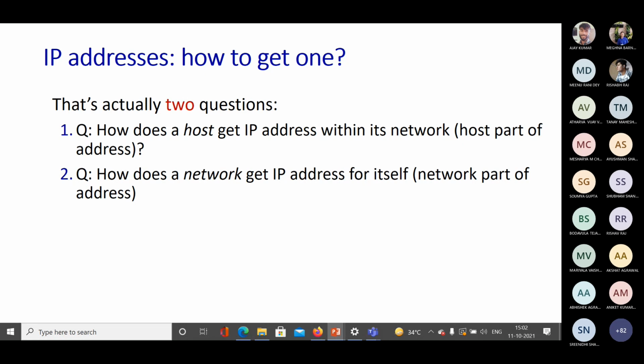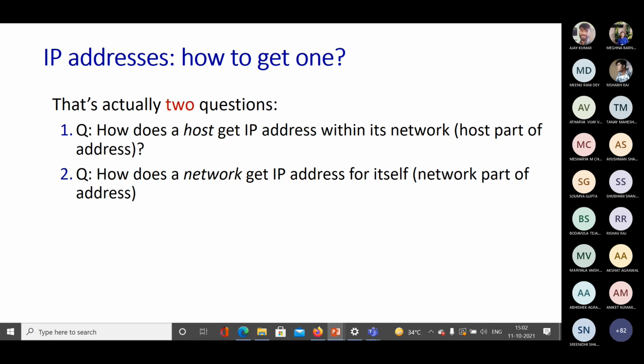So essentially, the two questions are that if you have a device which you want to connect to the internet, how does that device get that IP address? So basically, if there are some n number of devices belonging to a subnet, how do these n devices get to know which of the bits are basically adding to the address of that particular host?